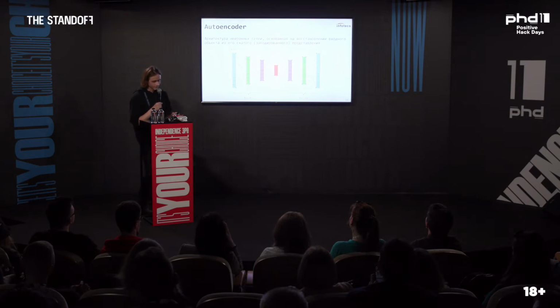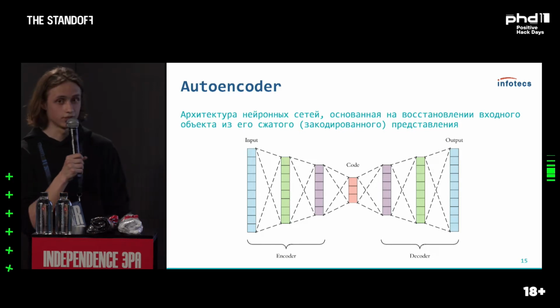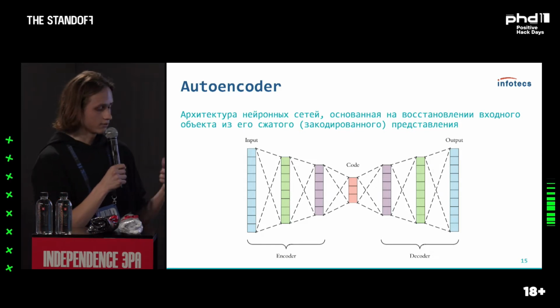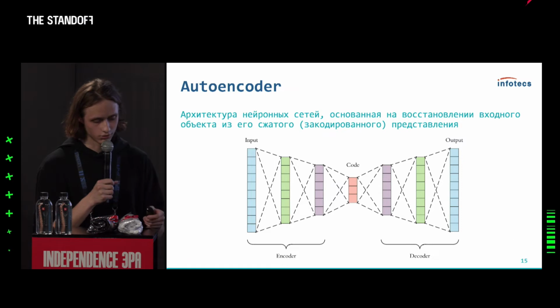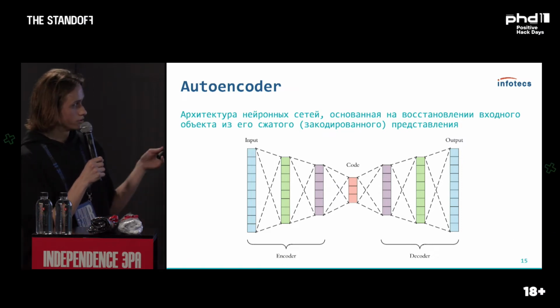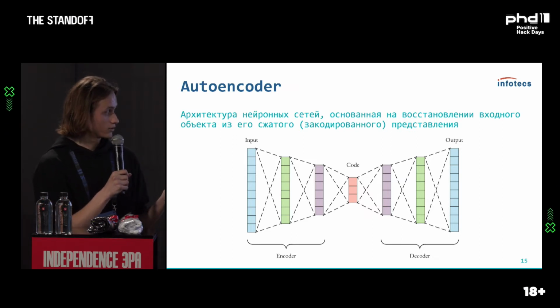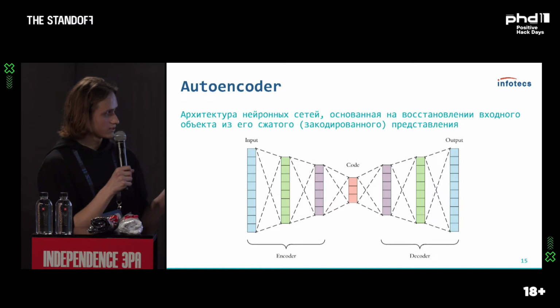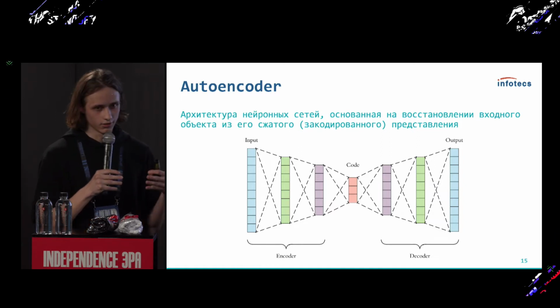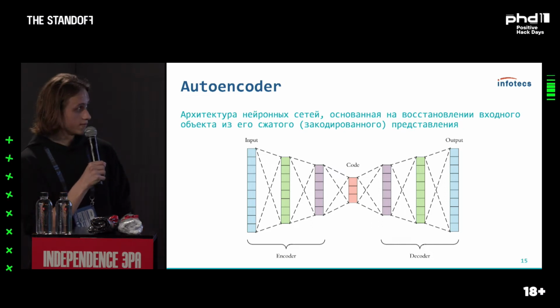Now we would like to talk about how we are going to build a model of normal system behavior. The autoencoder architecture will help us with that. This model should give the same object in the output as the one it had in the input. The amount of information about these objects should be reduced.